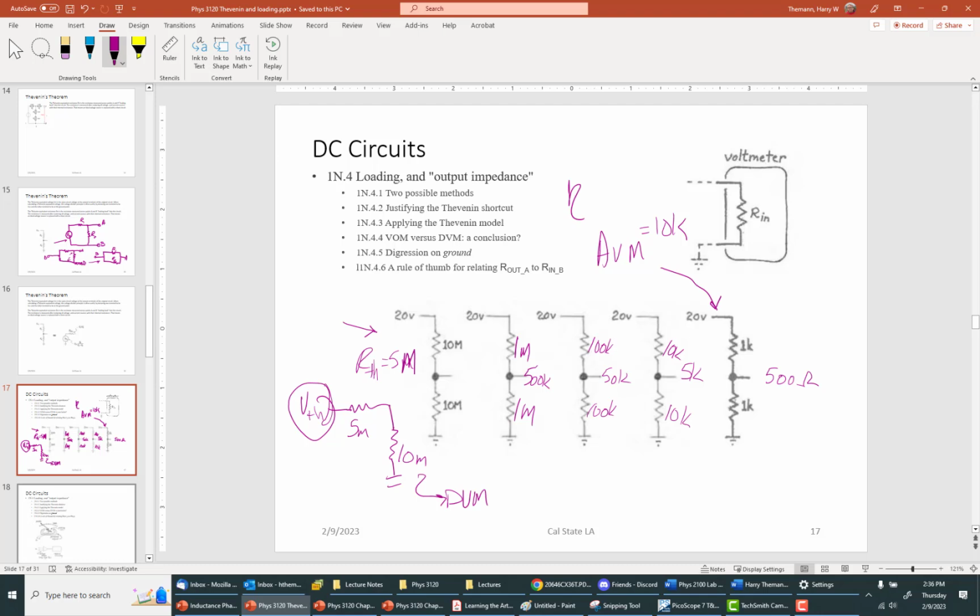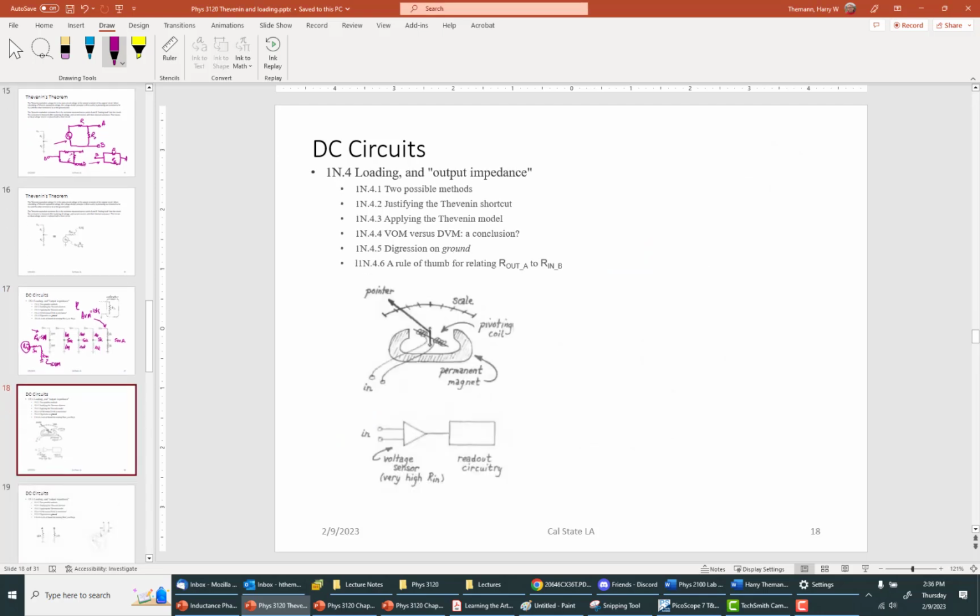Okay, so what goes on is that the analog voltmeter needs enough current for this coil, whereas the digital voltmeter just has a circuitry here, and it basically has a capacitor here and a resistor in feedback. We're going to learn about this.